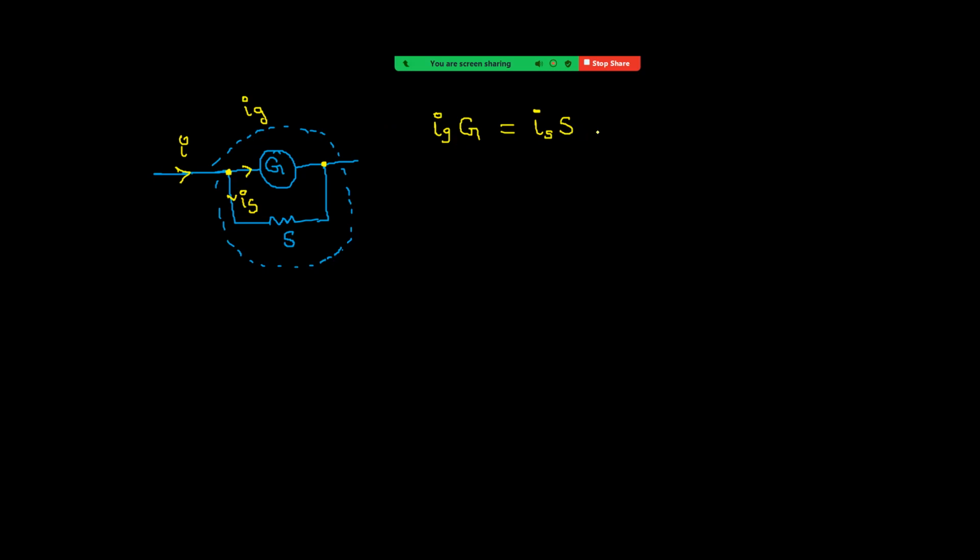In place of Is, I'm taking (I minus Ig) into S. From this, what is the S value? S equals G upon (I by Ig minus 1). And I'm taking I by Ig as N. It is now S equals G by (N minus 1).